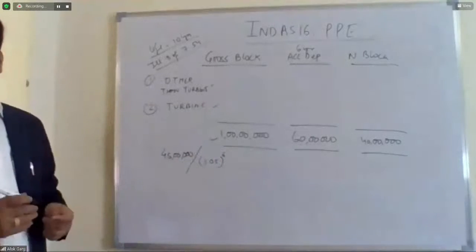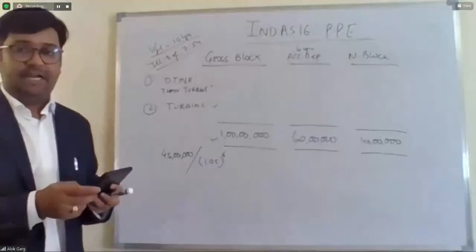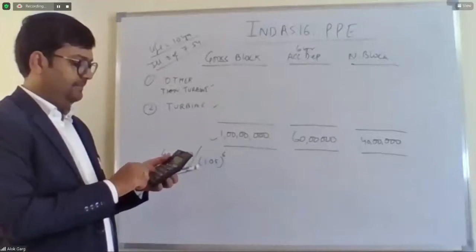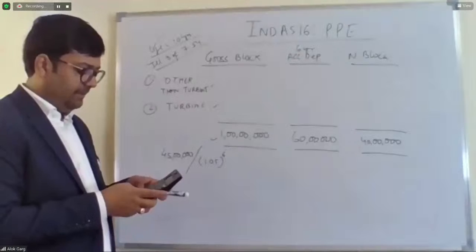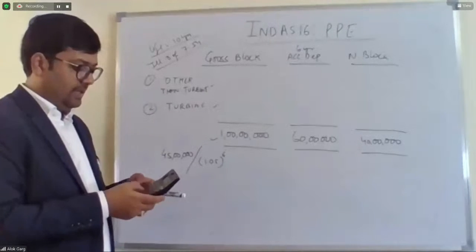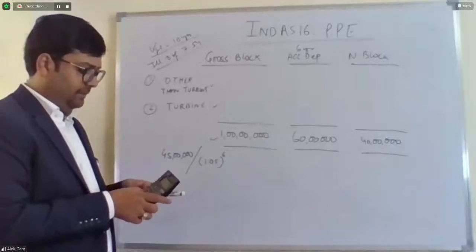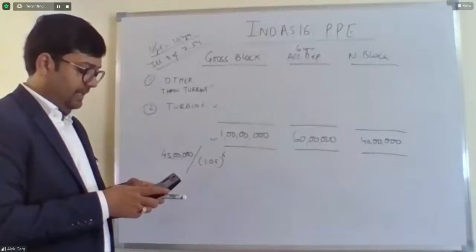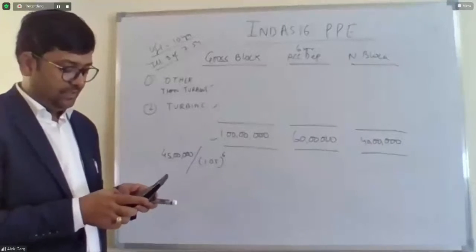Okay. So what is the discount rate? 1.05. 1 divided by 1.05, again divide by 1.05, again and again, six times.